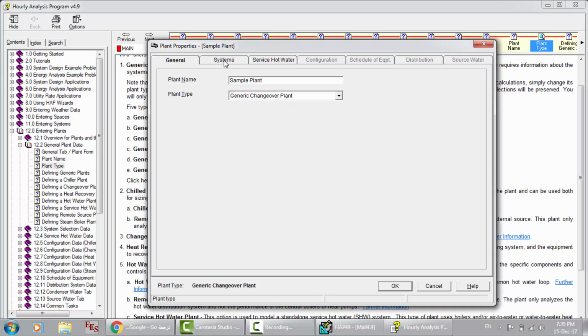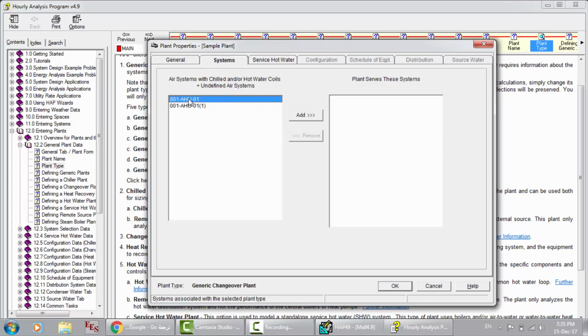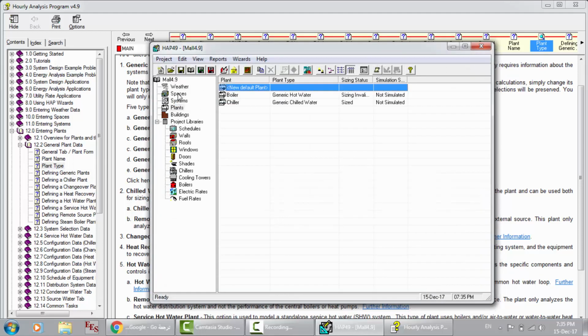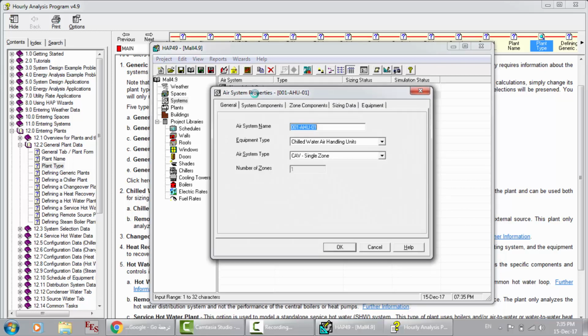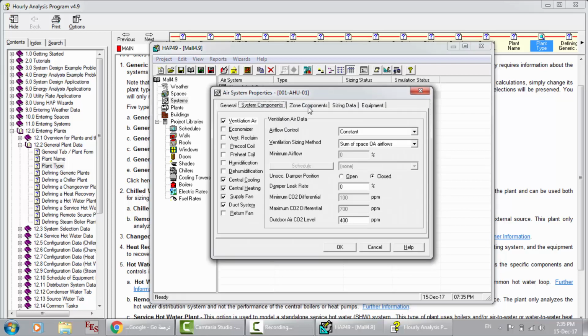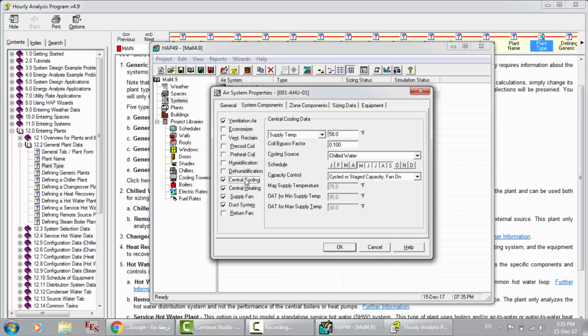Notice here the systems will only be available if you have in your system water cooling or water heating. If it is a DX system, it will not appear. Okay, suppose that go to system and here central cooling chilled water.